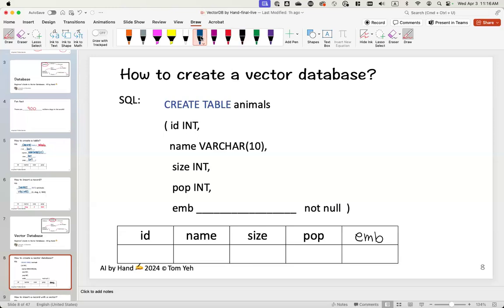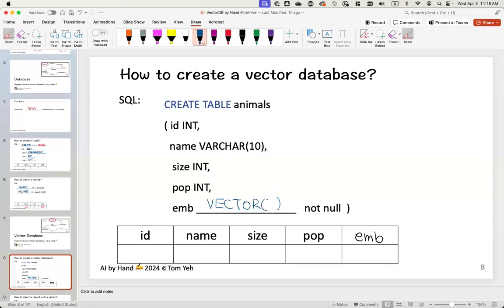And instead of integer or varchar, we have a special data type we can use. It's called vector. It's pretty straightforward. The vector data type also takes a parameter, so you can decide the size of the vector. A vector is a sequence of numbers, so you get to decide how long you'd like that sequence to be.